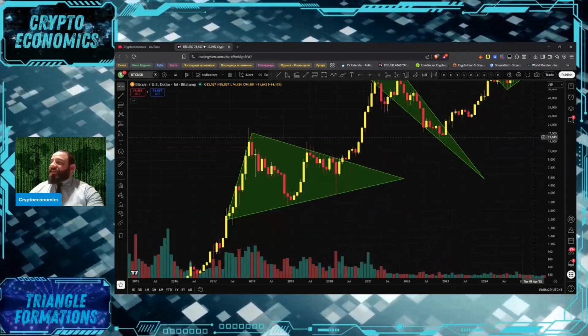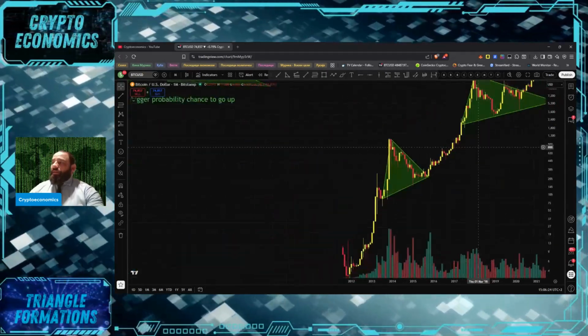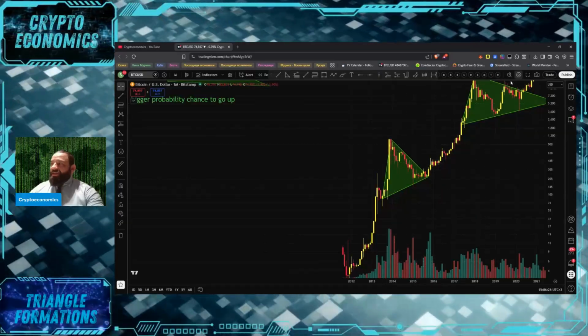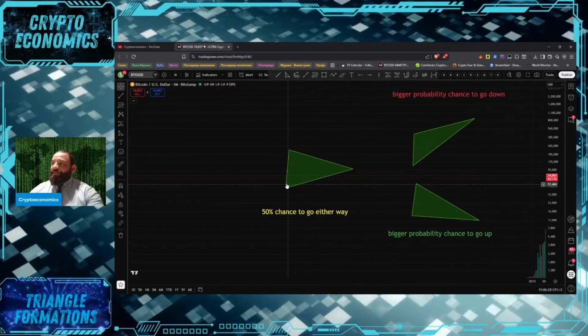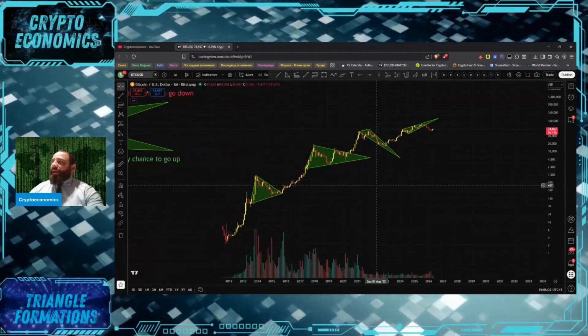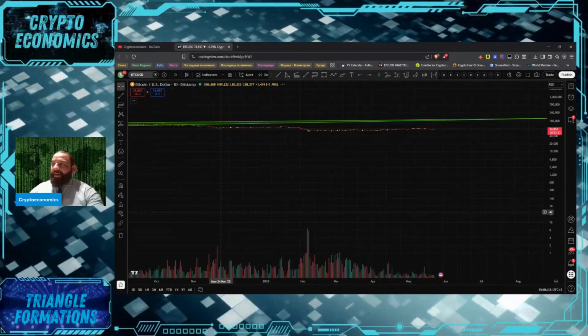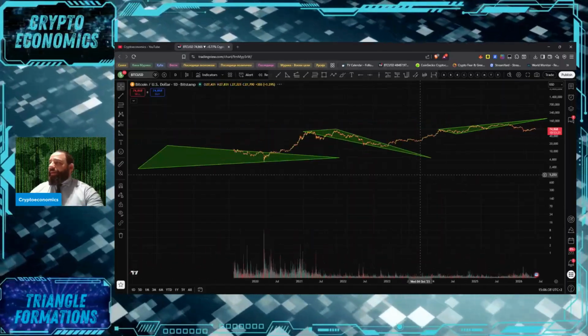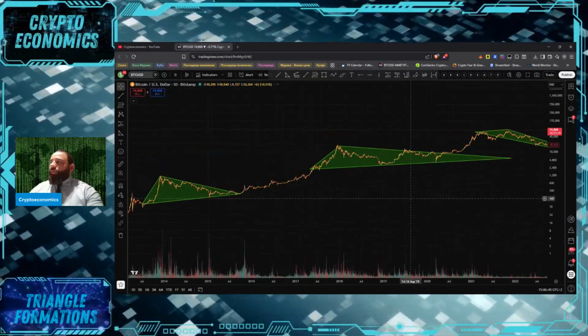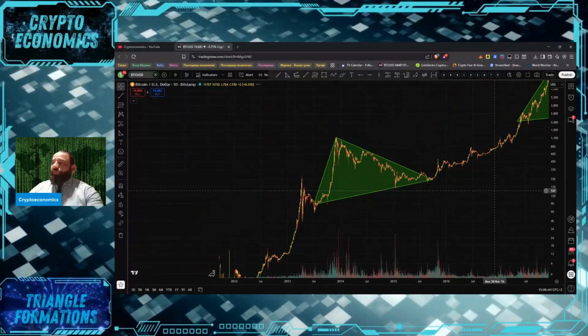Now, this is the idea of how the triangle formations work. And as you can see, sometimes we have triangles that are lower, sometimes higher, sometimes undetermined. But no matter which time frame, triangles are always present in any time frame. Again, let's go back to the daily time frame. Now, don't forget that in these particular time frames, you can find several formations in one.